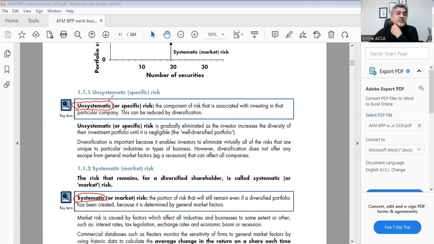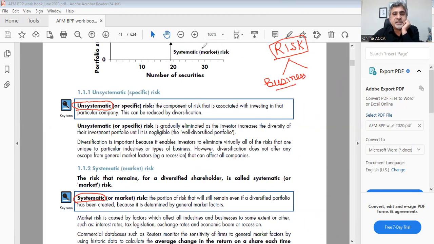See, whenever you do a business, when I say risk, what type of risks are faced by a business? Businesses face two types of risk. One is the business risk, which is the risk associated with the nature of business.